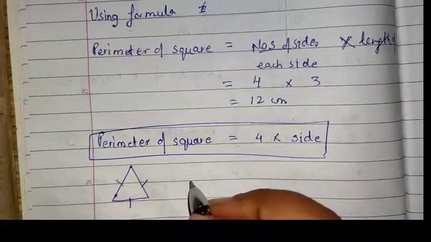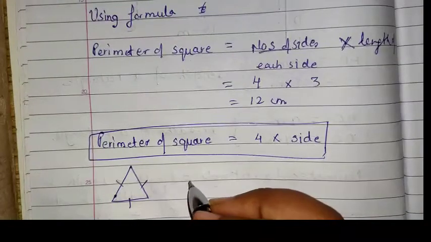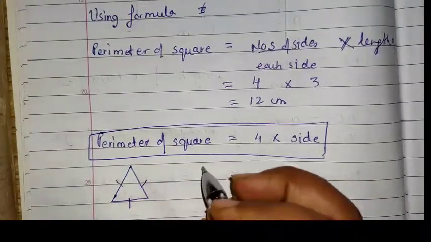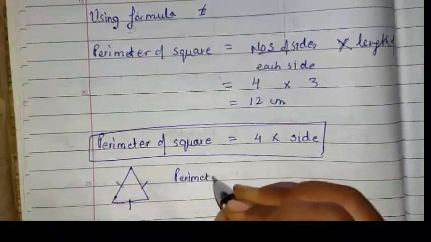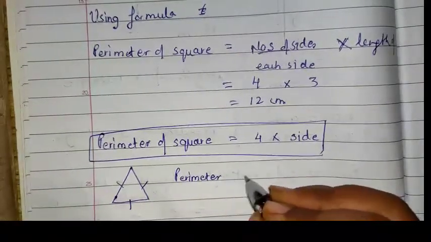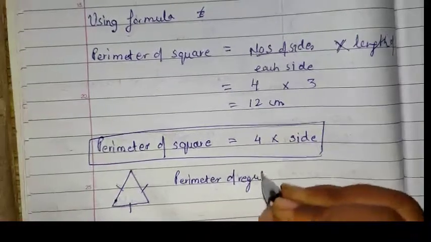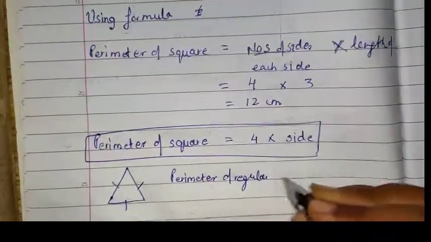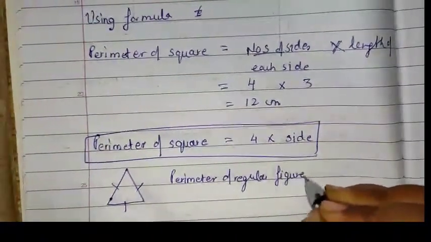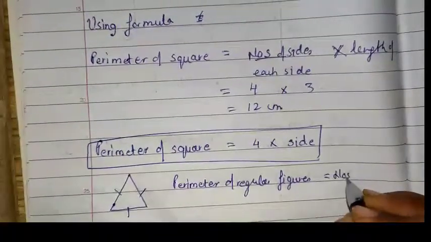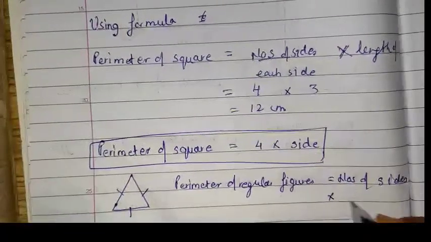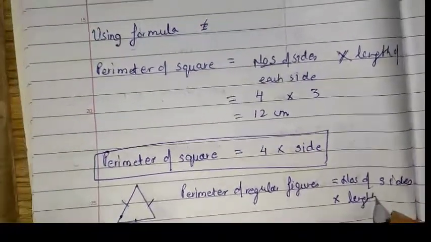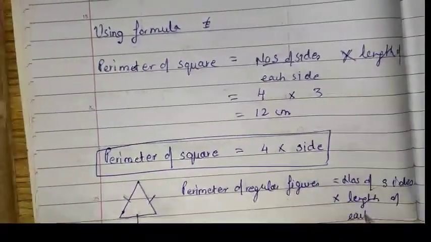For an equilateral triangle we can use the same formula, that is, to find the perimeter of regular figures we can use the formula: number of sides of that figure into length of each side.